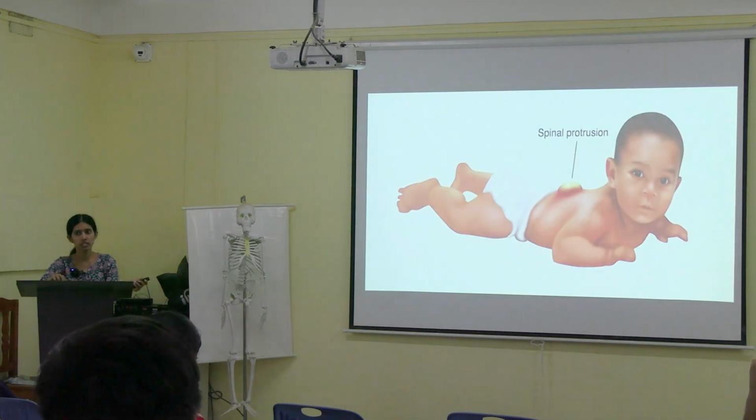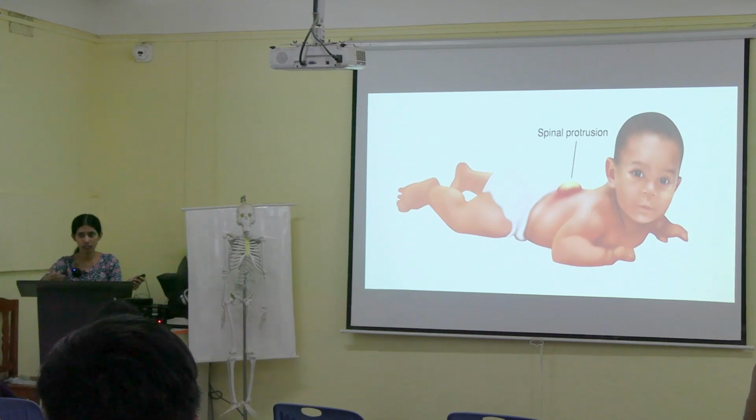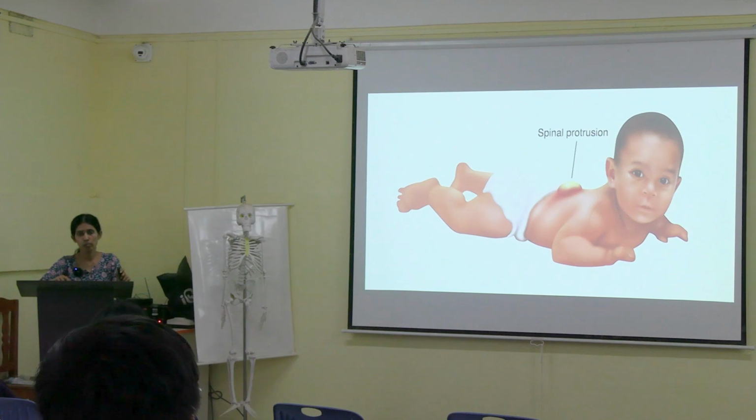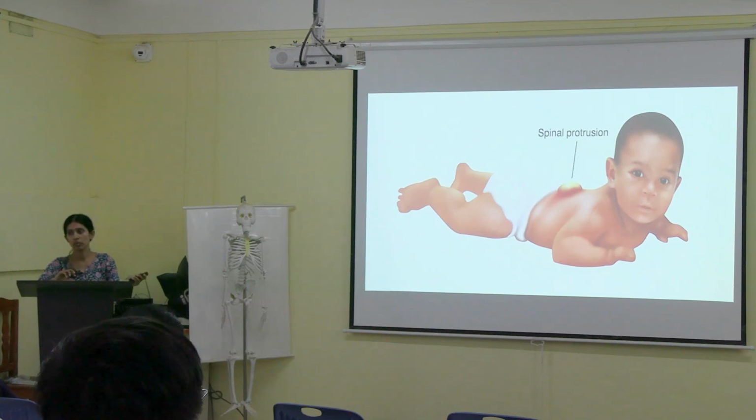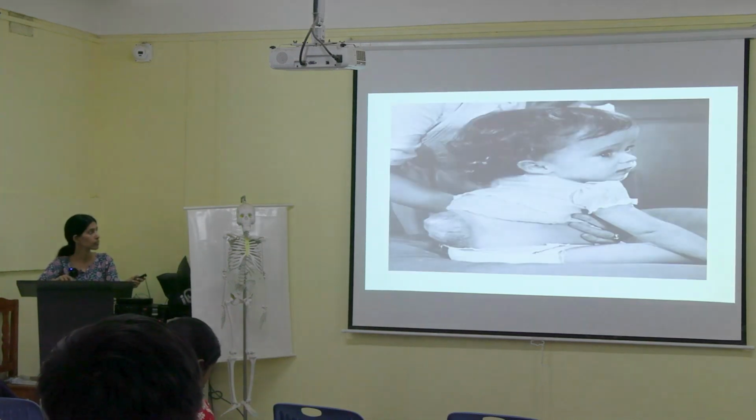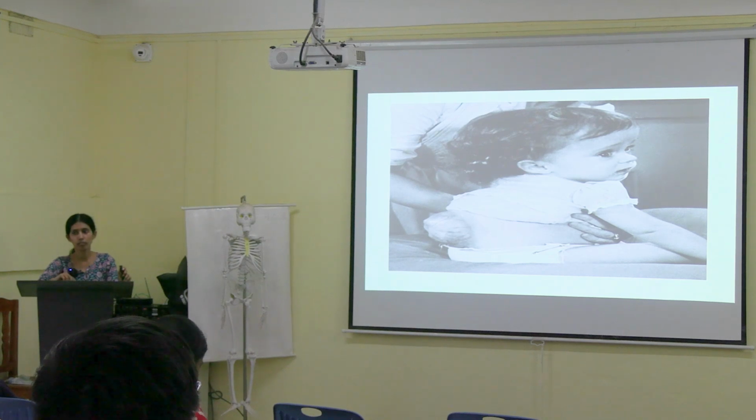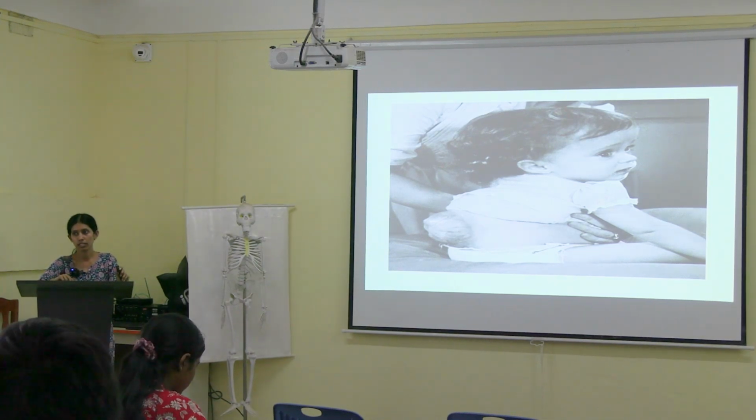Right after birth, the cell death will happen and it will be exposed to the surface area. By conducting a surgery, we can remove the external part. So this is a baby suffering from the Rachischisis condition.